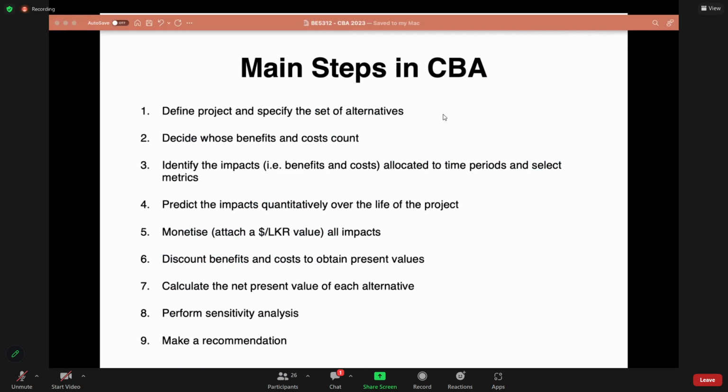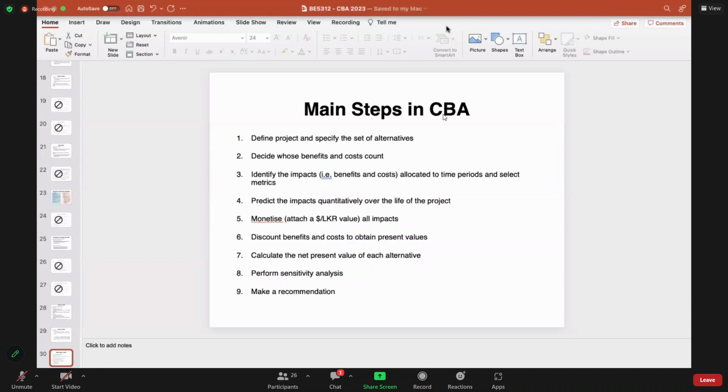So these are the main steps in doing a cost benefit analysis.